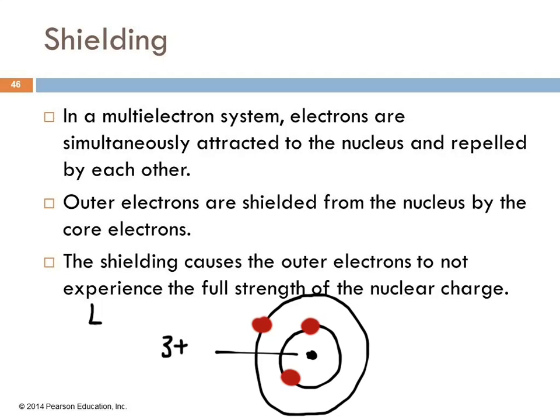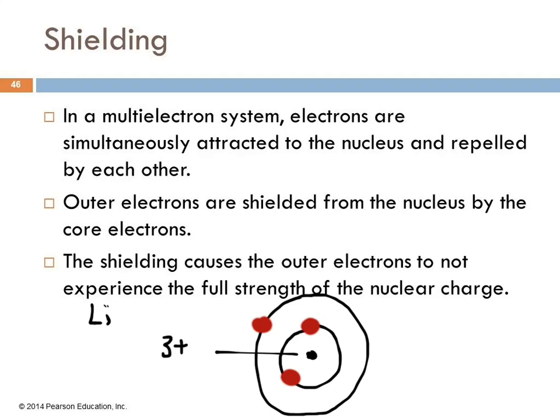This is lithium. So this electron on the outside, and this is just explaining it in very simplistic terms, is shielded by these 2 electrons. These 2 electrons essentially counteract 2 of the protons in here. Cancel it out however you want to think about it. So the effective nuclear charge that this electron sees is +1.